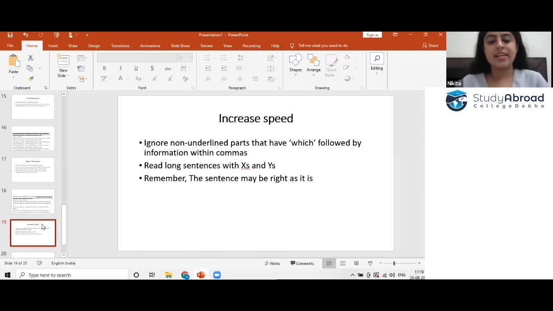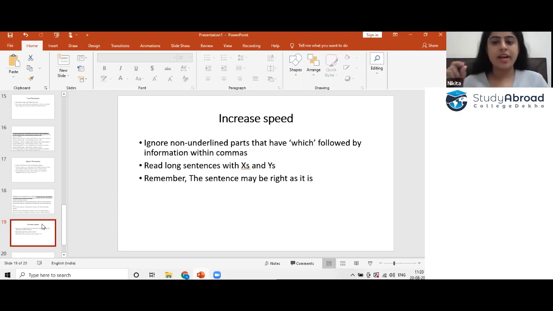The second says: read long sentences with x's and y's. Now what do we mean by this? A few questions are going to be very long, with a lot of information in them, so you have to trace down the information that is somewhere in your mind after the first read, and you come to know that it is not supposed to be read again and again.